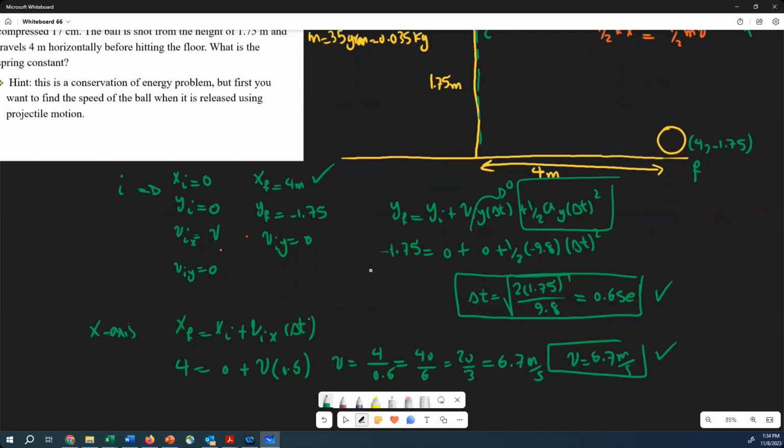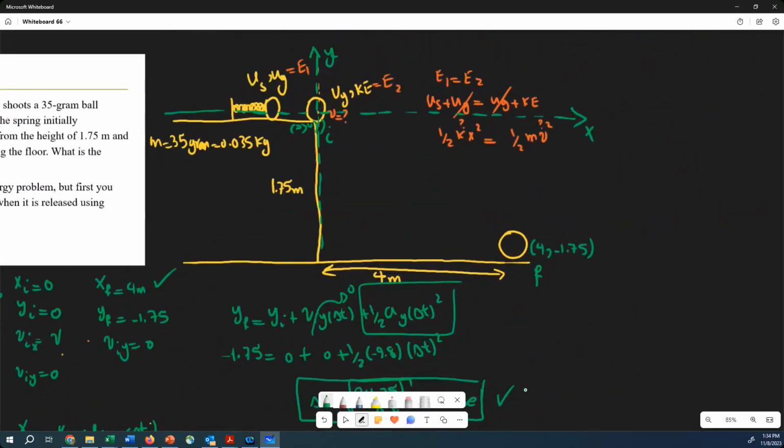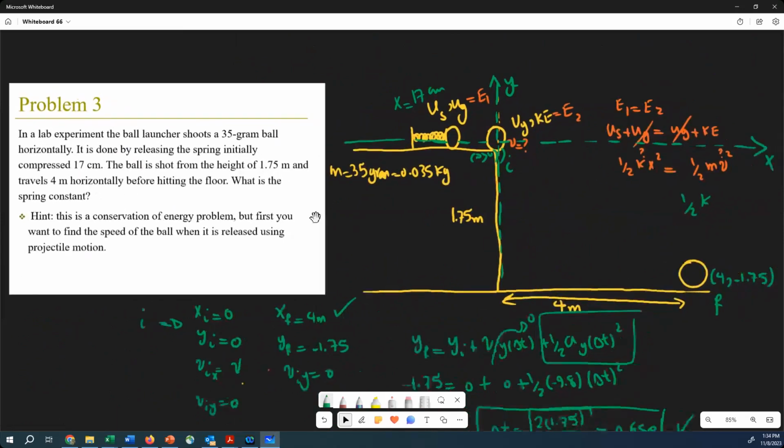Okay, so you remember I said if we plug it here, we are done: 1 over 2 k x squared. X was how much? X was 17 centimeter when it's compressed, yes, 17 centimeters.